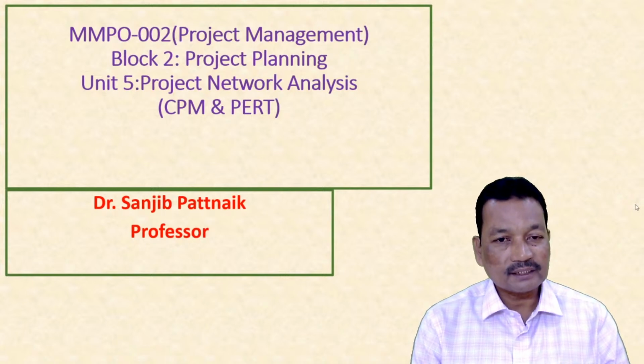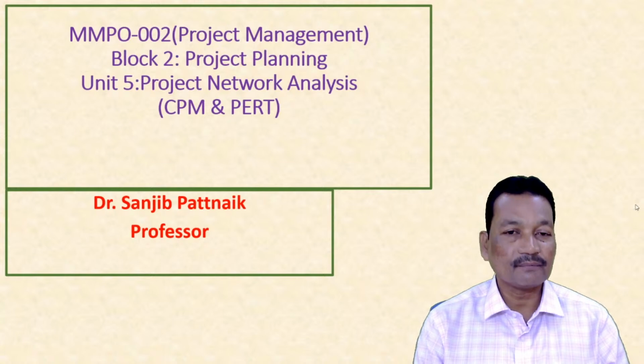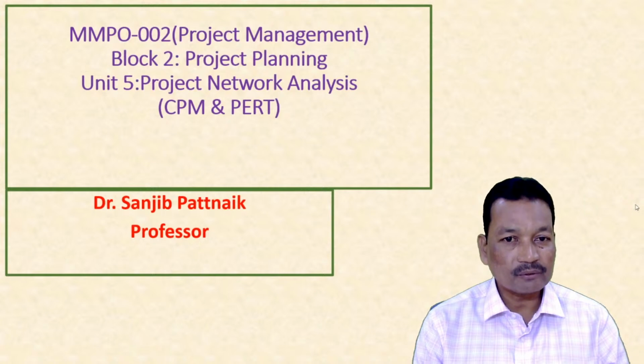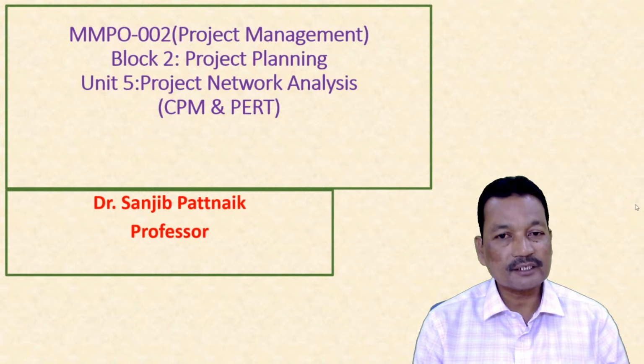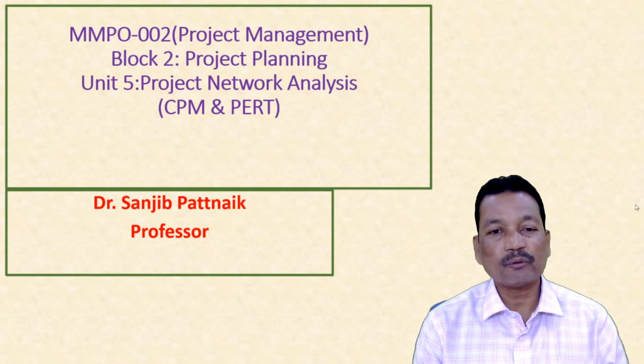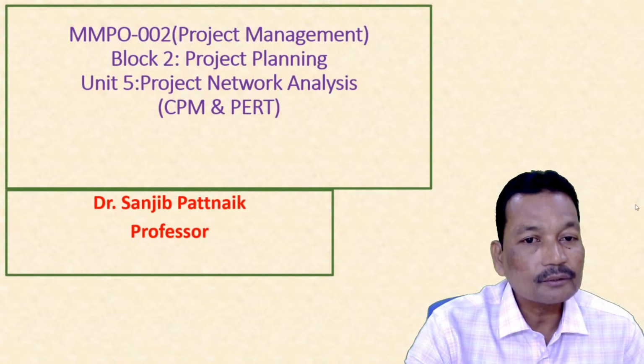First we will start with CPM, then we shall move on to PERT and see the basic differences between the two techniques, and how we can utilize them to find out the duration of a project, as well as the probability of completion of a project. So let us begin today's work.